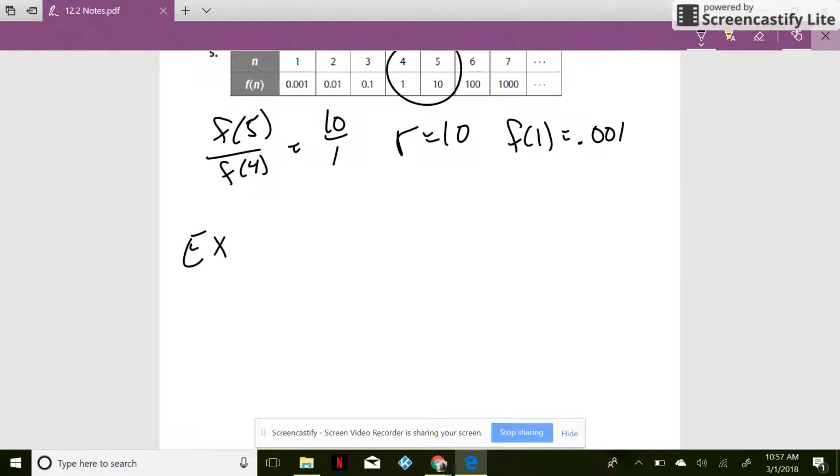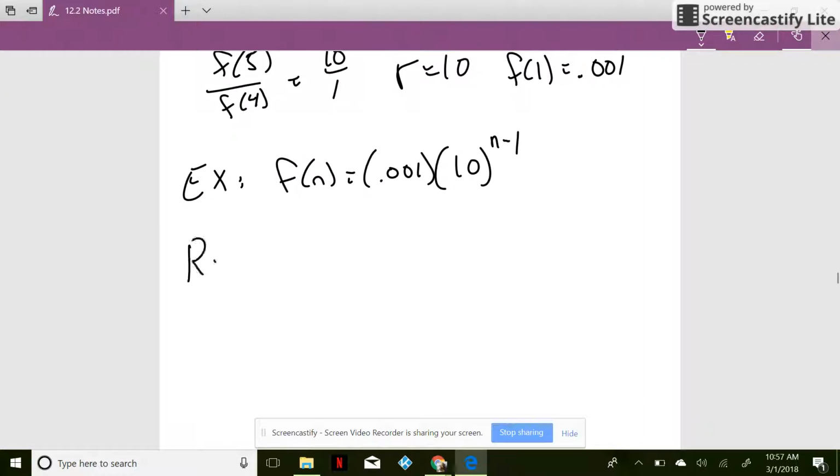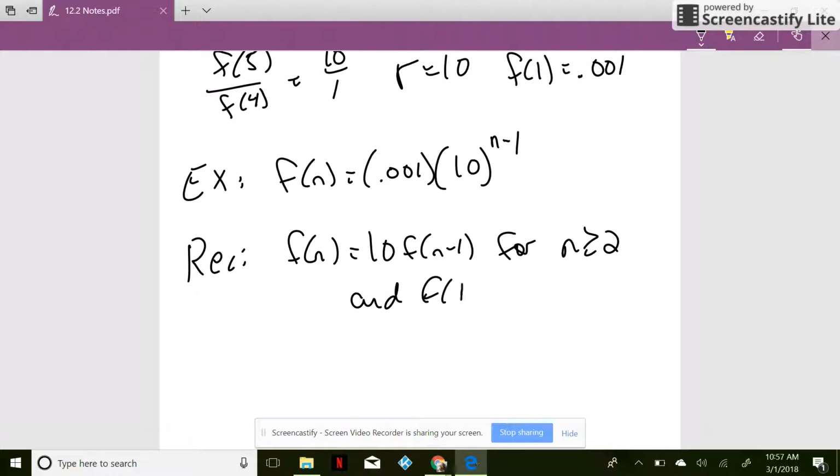So our explicit function, f of n, is equal to our original value, 0.001, times our ratio to the n minus 1, since we're starting at position 1. Recursively, f of n is equal to the ratio 10 times f of n minus 1, for n greater than or equal to 2, and f of 1 is equal to 0.001.